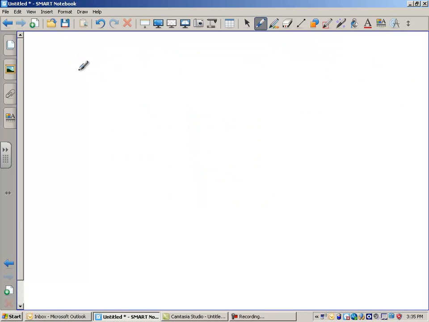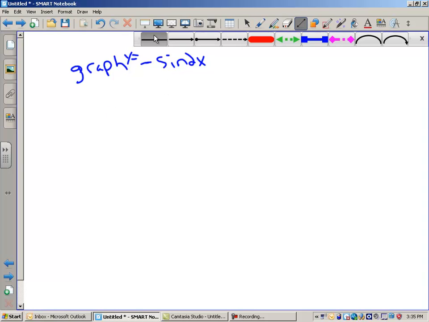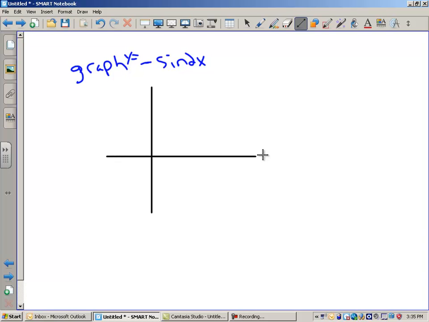All right, let's do one more example. Let's graph y equals negative sine of 2x, and let's do it without doing the chart like we did yesterday. I want you to remember from our notes that the period is equal to 360 degrees divided by the number that we put in front of x, or divided by b, as I put in the notes, which is going to work out to be 180 degrees.